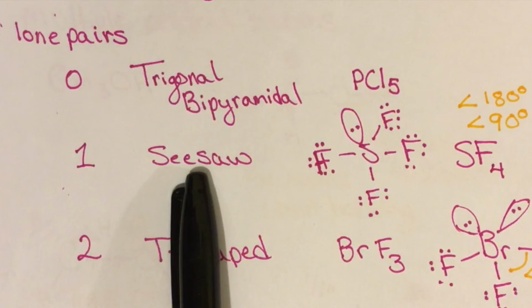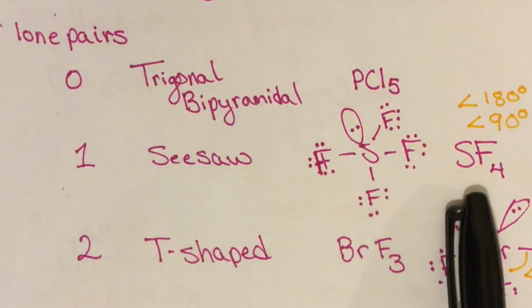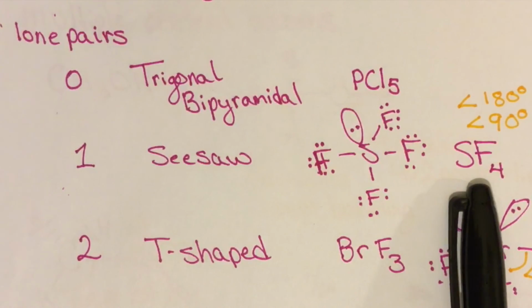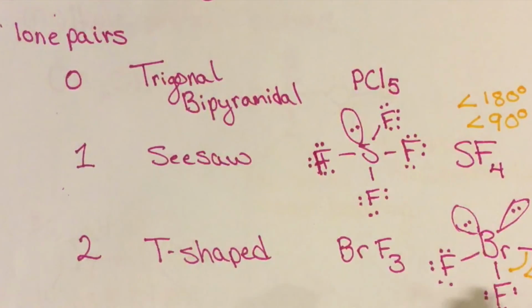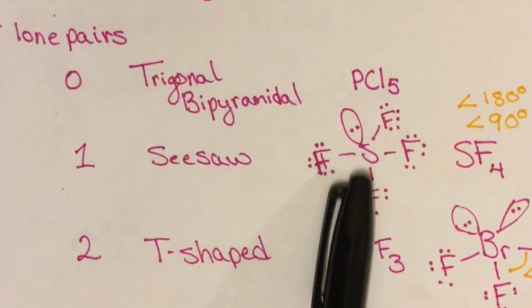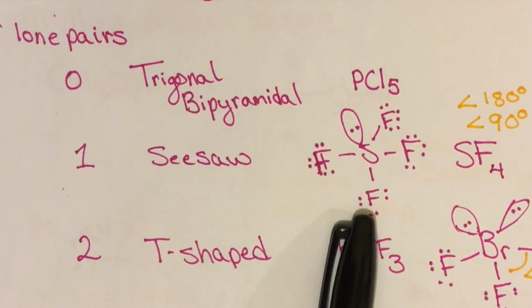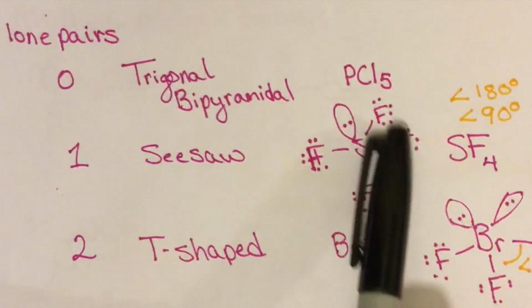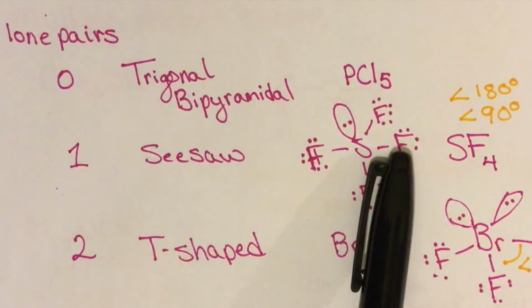The seesaw shape is represented by, in this case, sulfur tetrafluoride, and you can see the Lewis structure for it here. So we end up with one little thing that comes down here, and then these 3 that are going around the outside, kind of like a trigonal planar molecule.